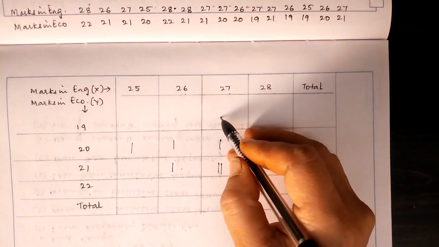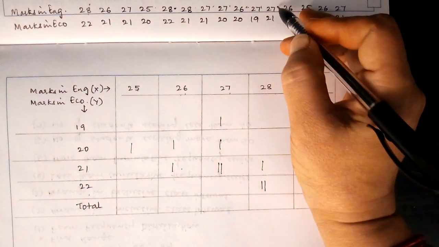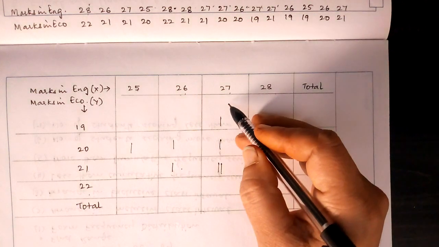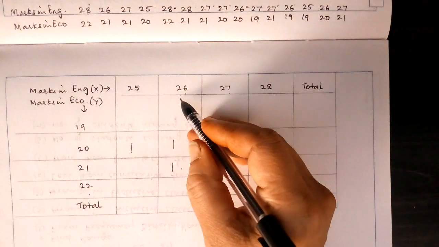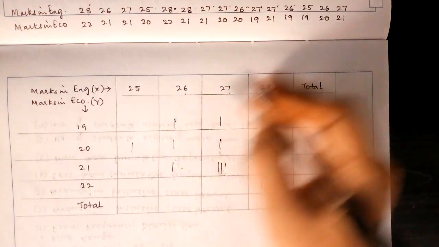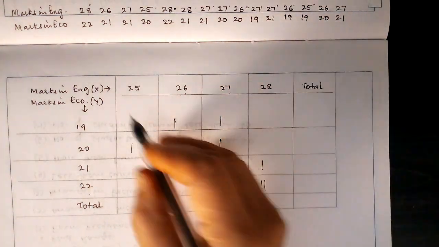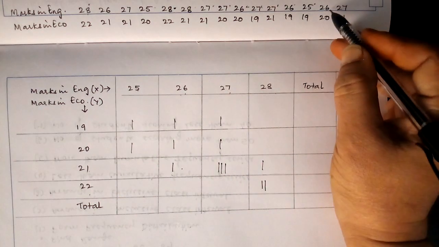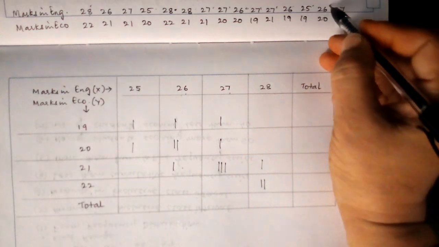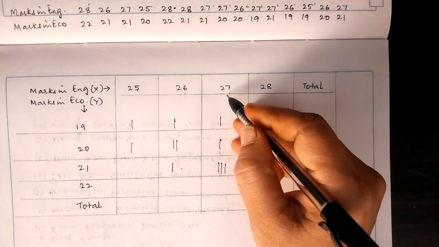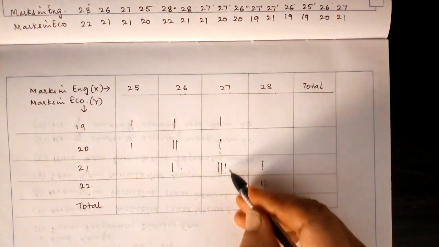Then 27 and 21. Then 26 and 19. 25 and 19. 26 and 20. And 27 and 21. Here.